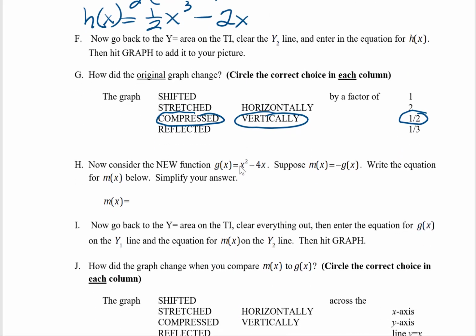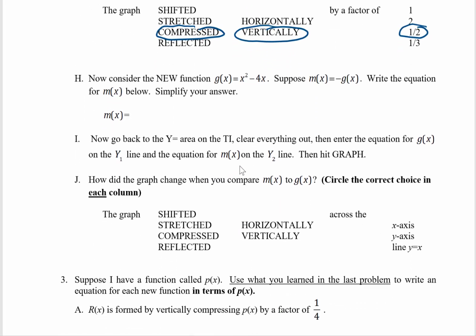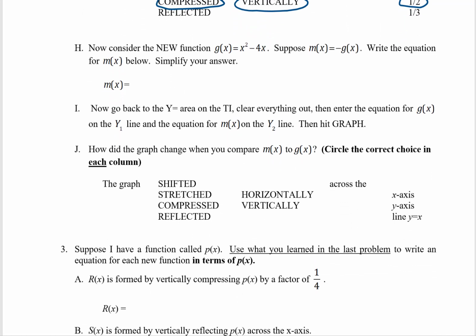All right, and then in part H, we have a new example we're looking at. So this is not connected to the previous problem. We have this new function called g of x equals x squared minus 4x. I'm going to create another function called m of x. M of x is just the negative of this new g of x function.